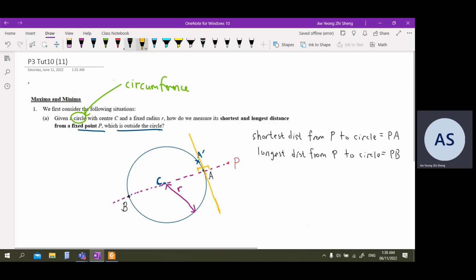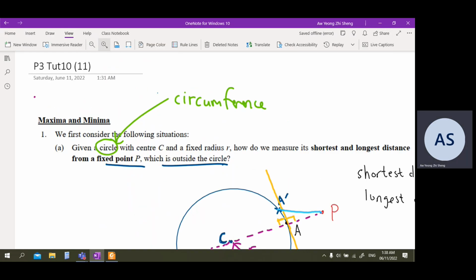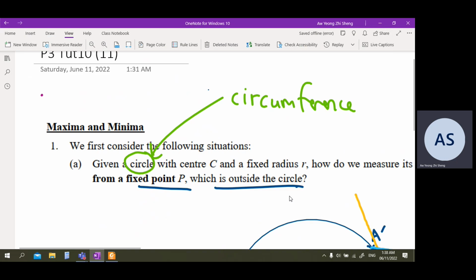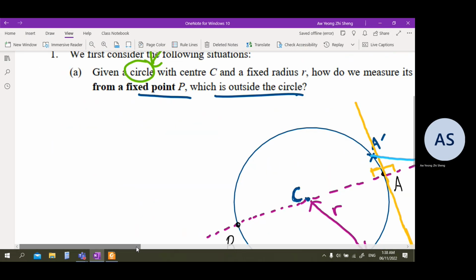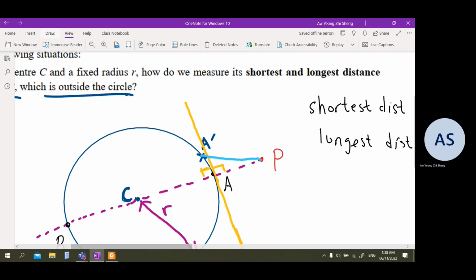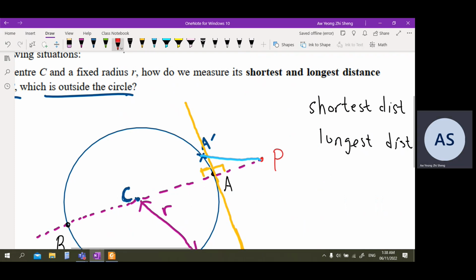Now if I connect a straight line from P to A prime, then if I enlarge my diagram big enough, you'll be able to see that we actually have this intersection point between my light blue line and the orange line. Let's call it D. PD is the hypotenuse of a right angle triangle.